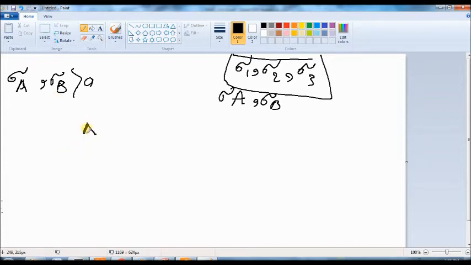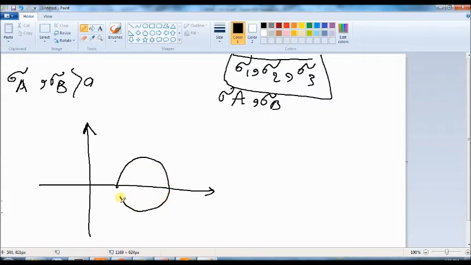Let me draw the Mohr circle of these two principal stresses. This is sigma A and this is sigma B. What about the third? We don't have a third principal stress, but actually the third one is 0.